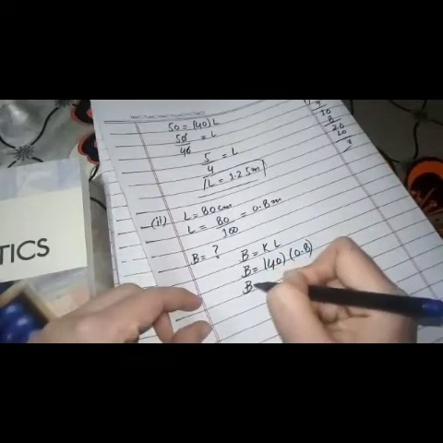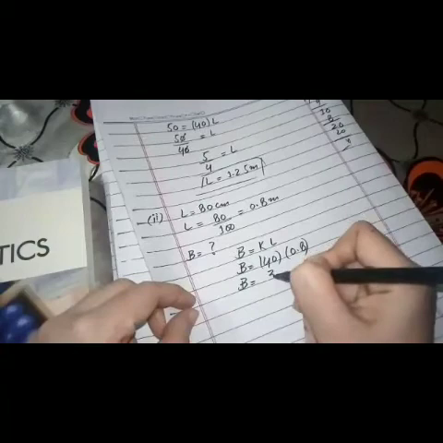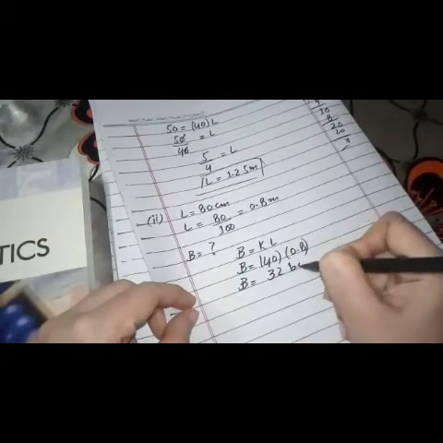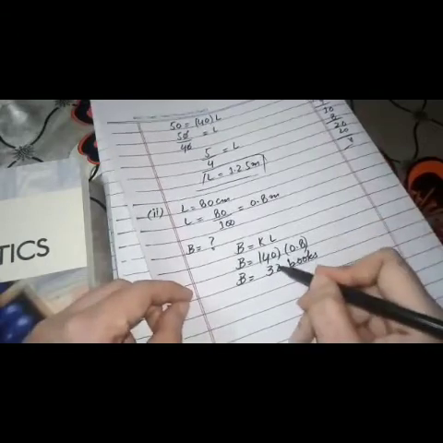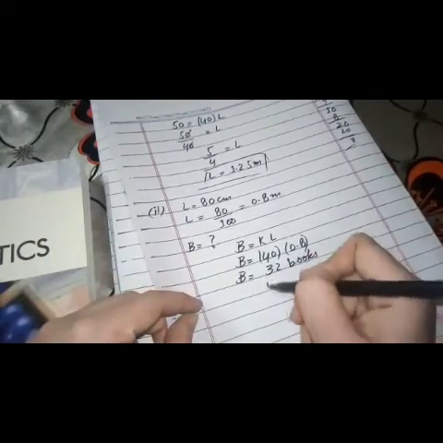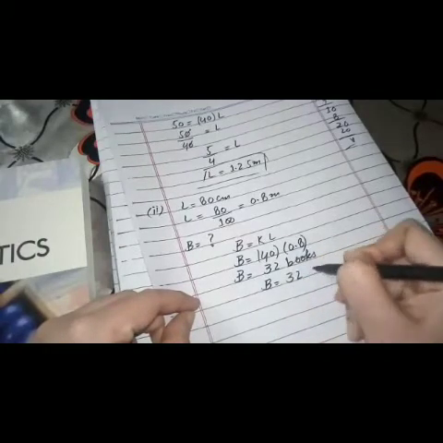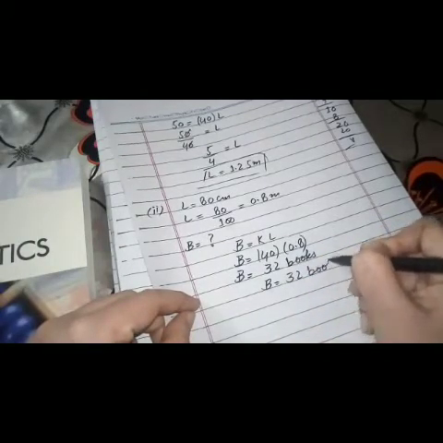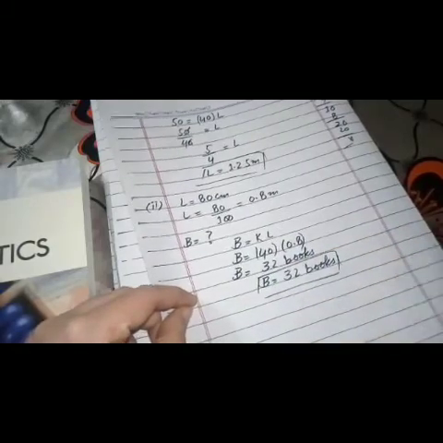So P is equal to 40 into 0.8. It's definitely 32 books. Answer for part 2, P is equal to 32 books, which was required to find with the help of length.